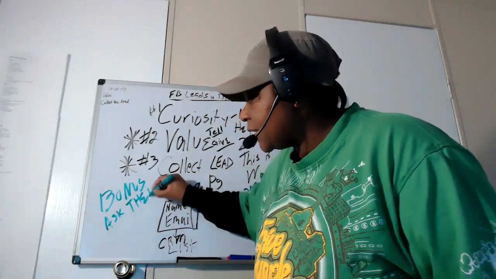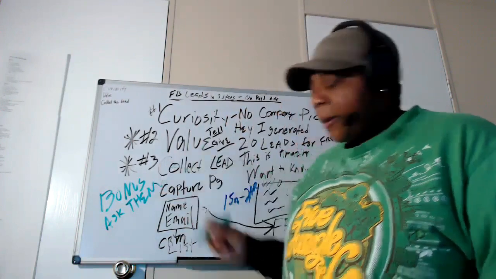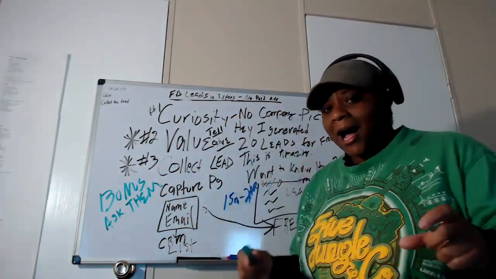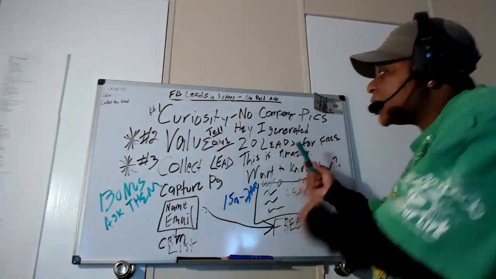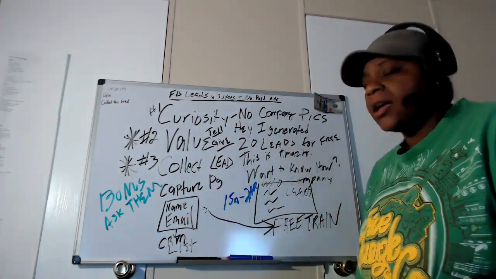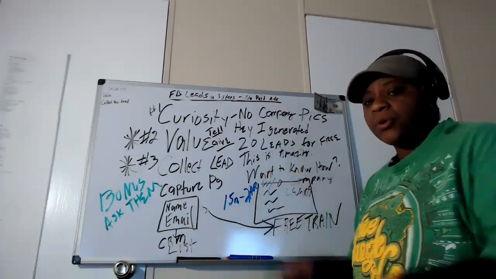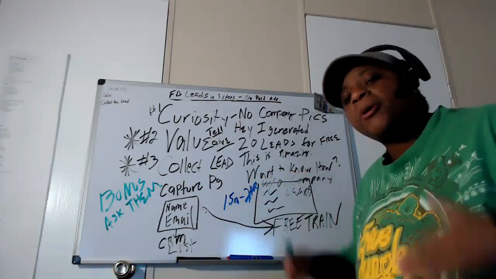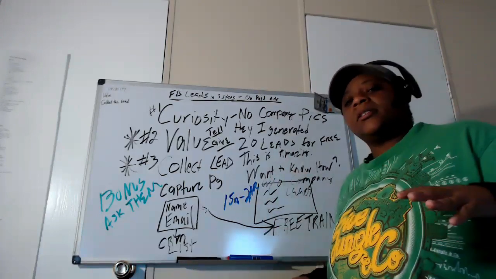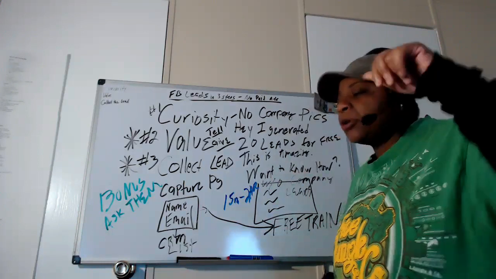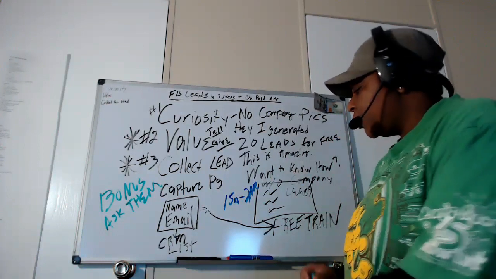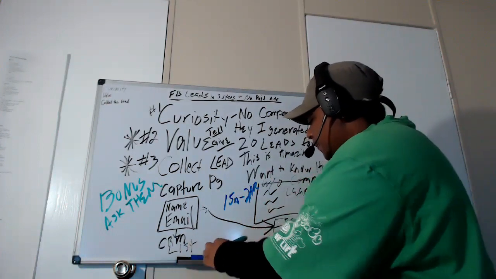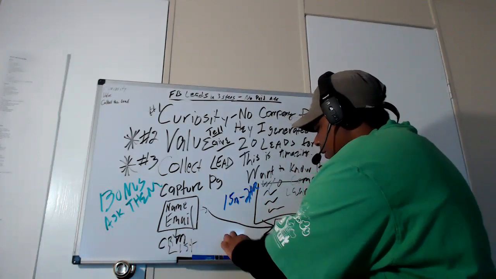Now, why are you doing this? This is important. Because your number one job, when leads reach out to you directly in Messenger, is to do what? What is your number one job? I want you to put this down in the comments too. Your number one job is to do this.